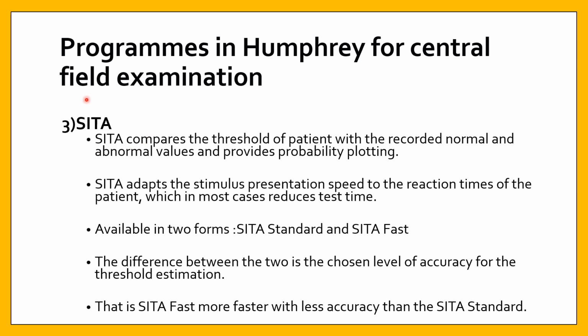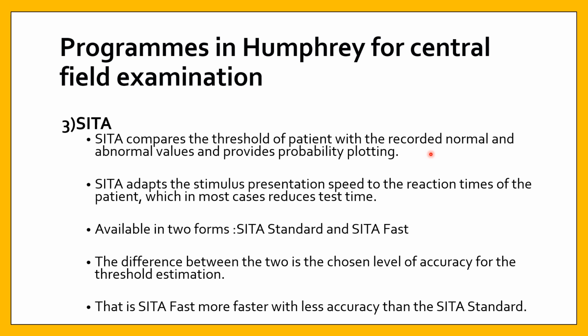Third one is SITA, which stands for Swedish Interactive Threshold Algorithm. SITA compares the threshold of a patient with recorded normal and abnormal values and provides probability plotting, and SITA adapts the stimulus presentation speed to the reaction times of the patient, which in most cases reduces test time.